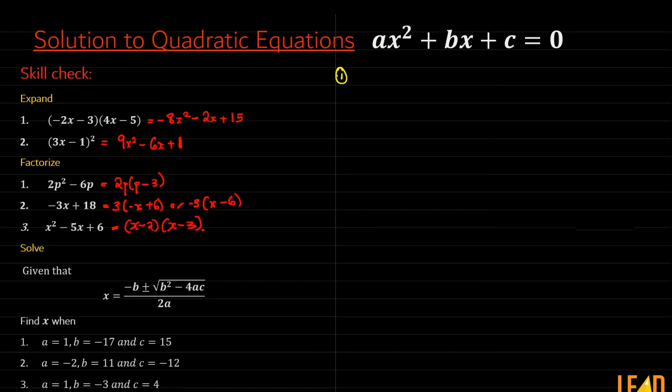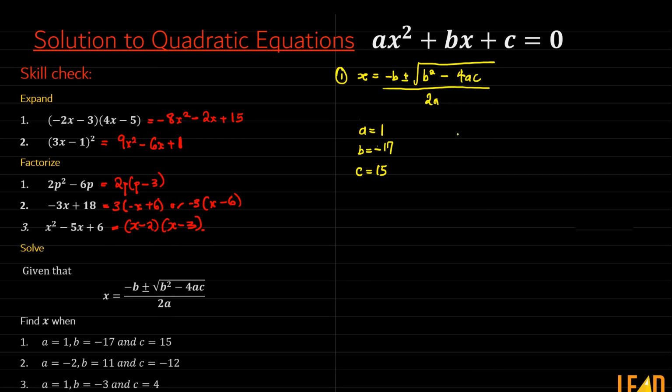For the first one, the formula is x is equal to minus b plus or minus the square root of b squared minus 4ac, all over 2a. So we know that a is equal to 1, b is equal to minus 17, and c is equal to 15. So we just drop them inside and then try to work around the values as best we can.